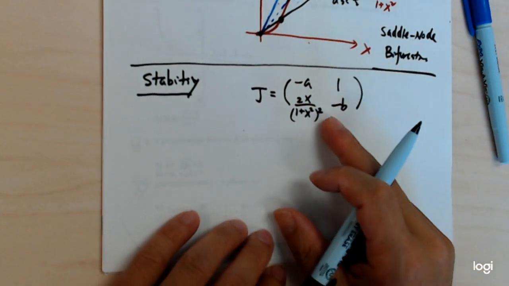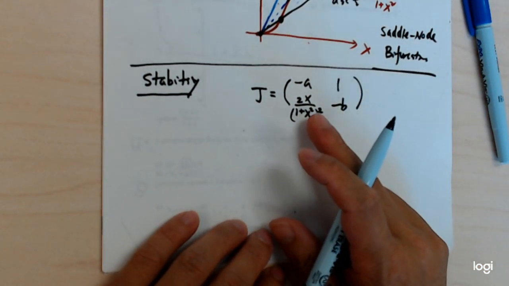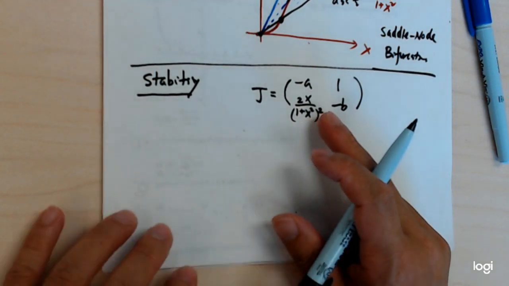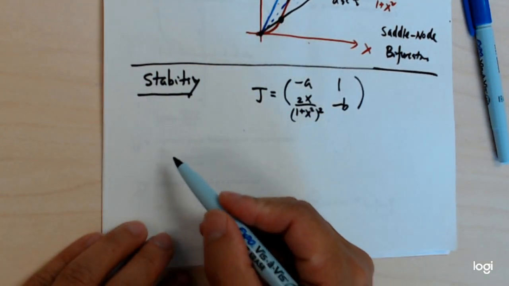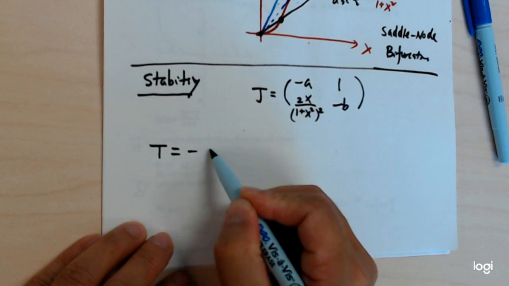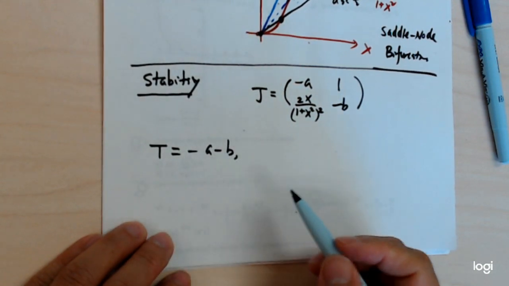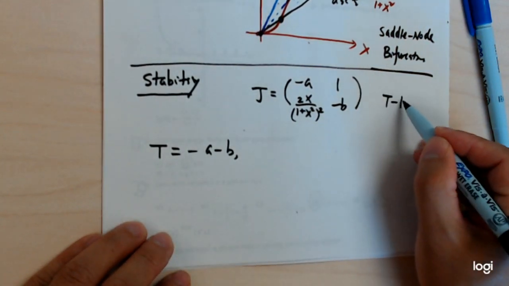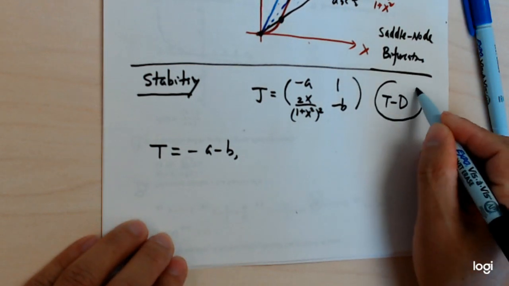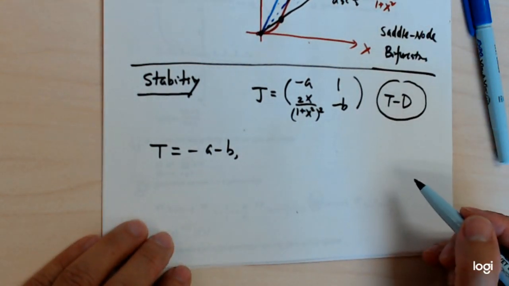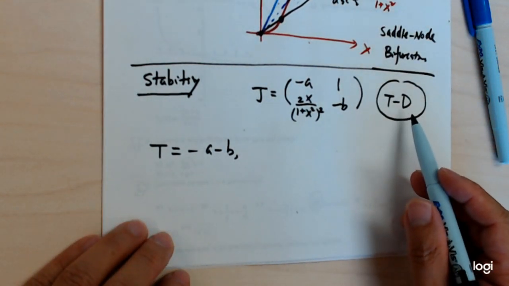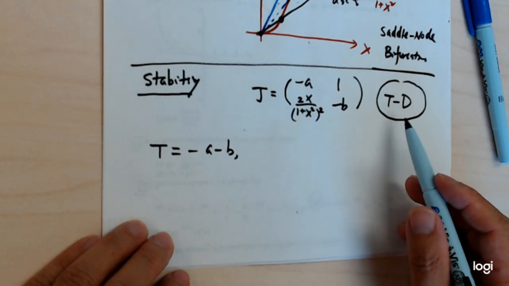So there are different ways. I can just directly analyze the eigenvalues, or I can use the trace determinant graph. So the trace here is always negative a minus b. If you look up the trace determinant map that we showed you a while back, look that up, okay?